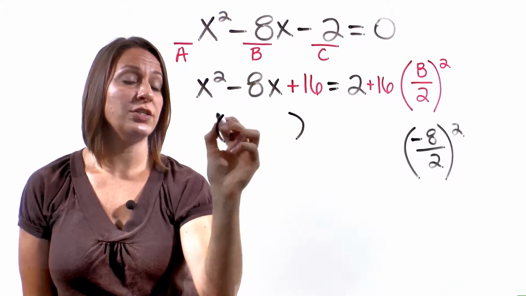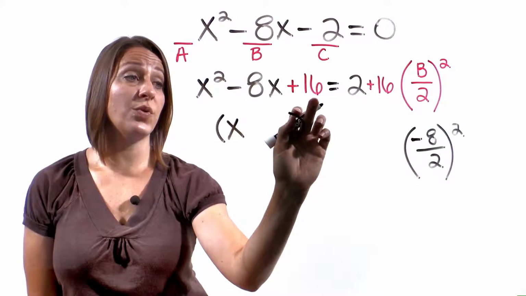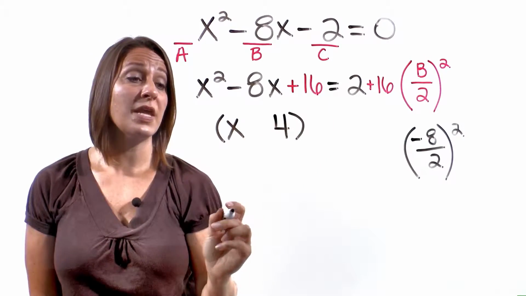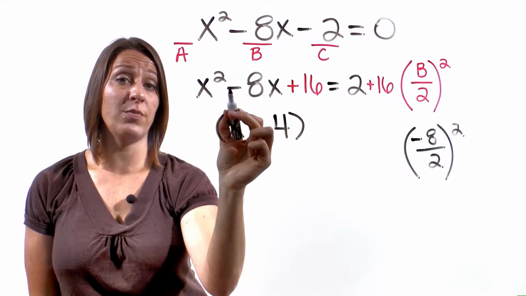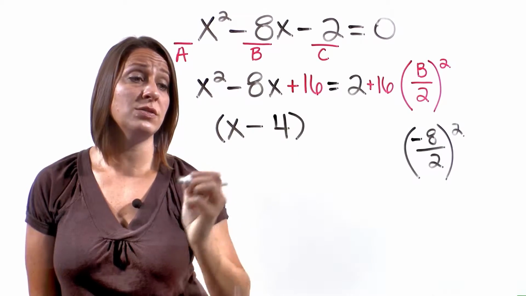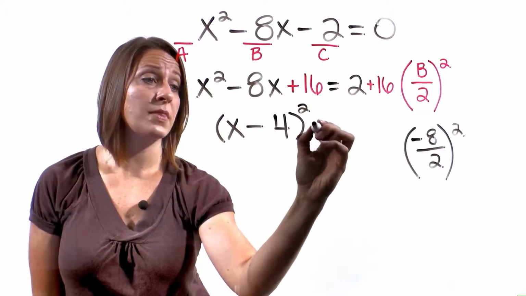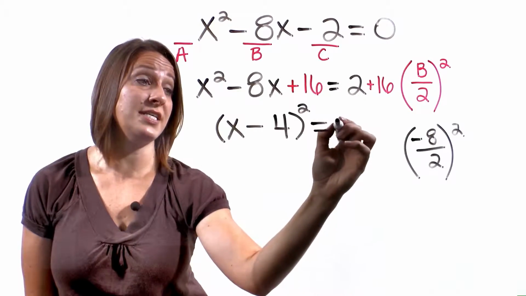It will factor to the square root of the first term, which is x, and the square root of the last term, which is 4, and it takes the sign from the middle term in the trinomial, which was a minus, so this will be a minus. And that will be quantity squared equals 2 plus 16, which is 18.